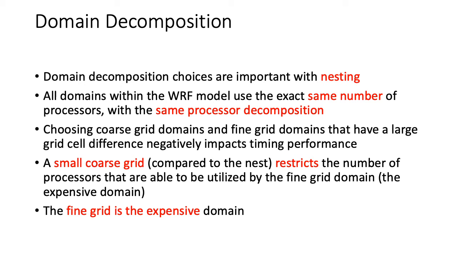The relatively small coarse grid restricts the total number of processors that are available because you can only have a number of processors that will get you down to a particular minimum domain size, 10 grid cells by 10 grid cells. A larger coarse grid allows you to have more processors, which allows you to run more processors on the fine grid. The fine grid is always the expensive grid in the WRF model.